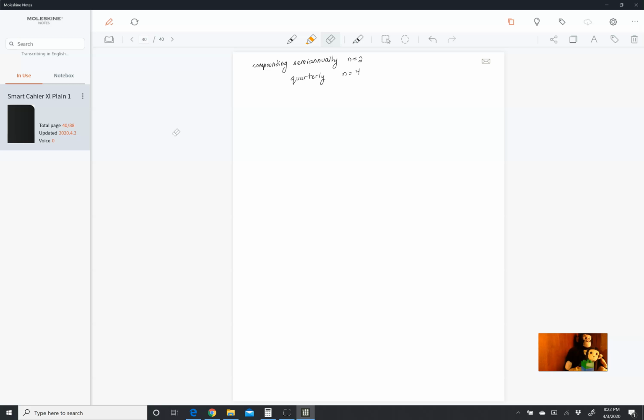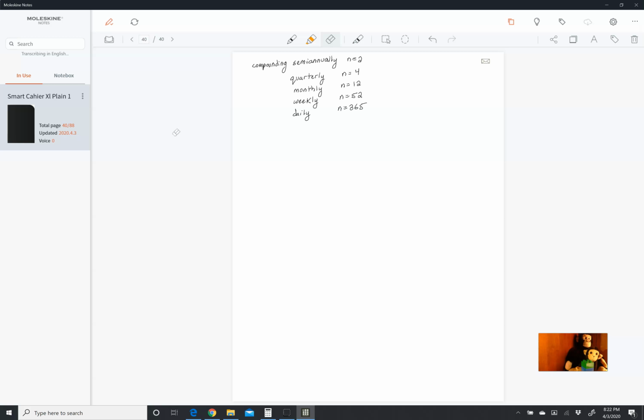If it's saying it's compounding monthly, then you know that your N is equal to 12. If it says weekly, your N is equal to 52. And if it says daily, then you would use 365.